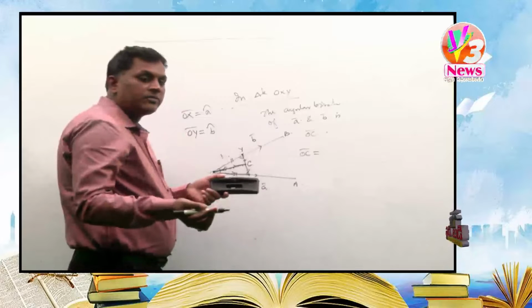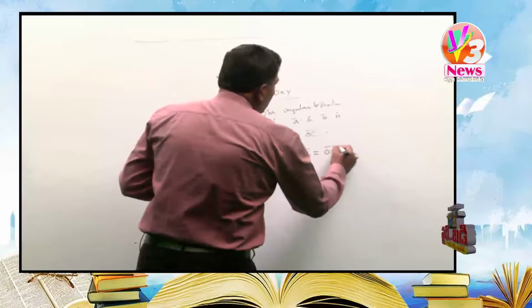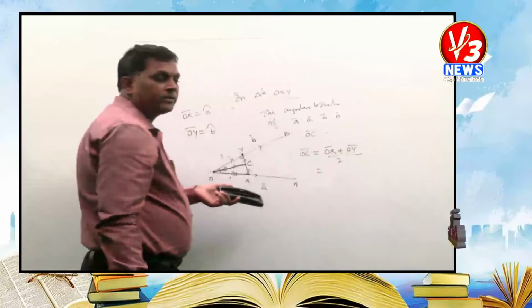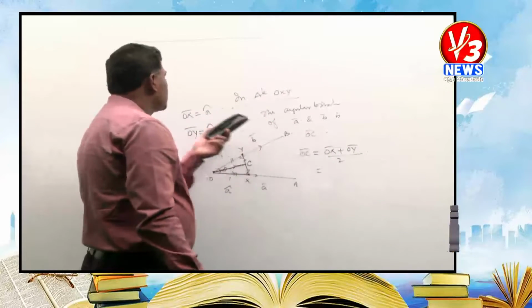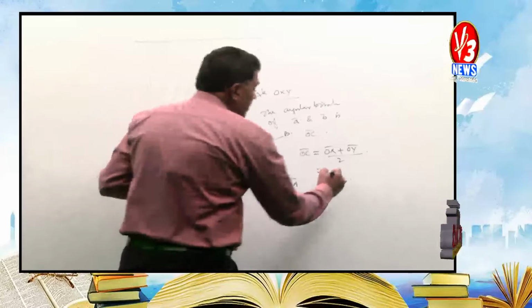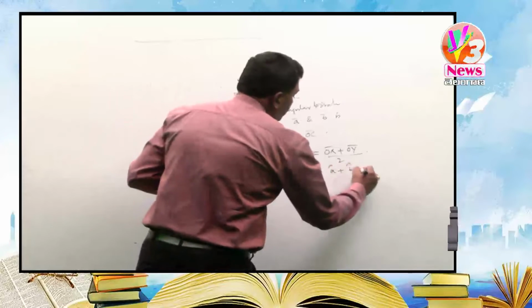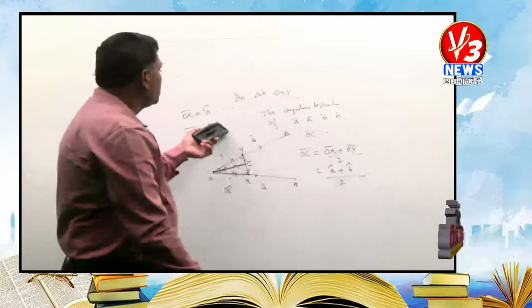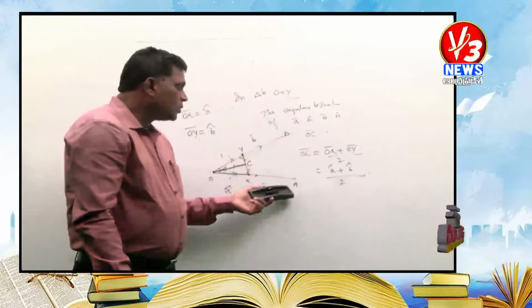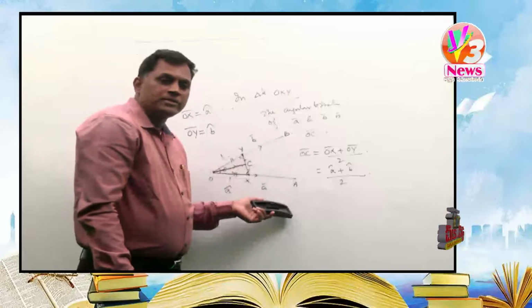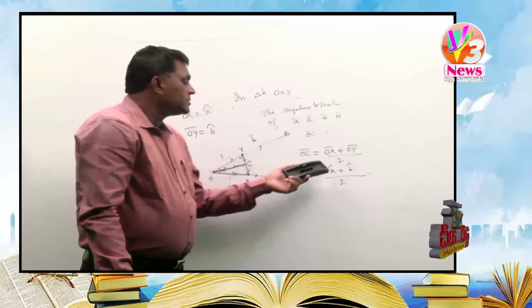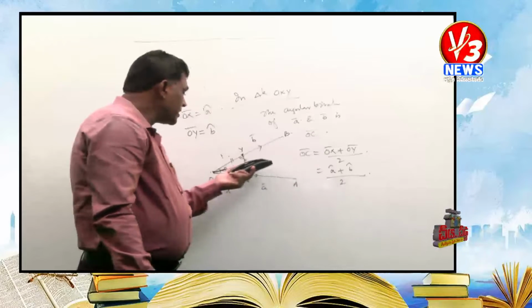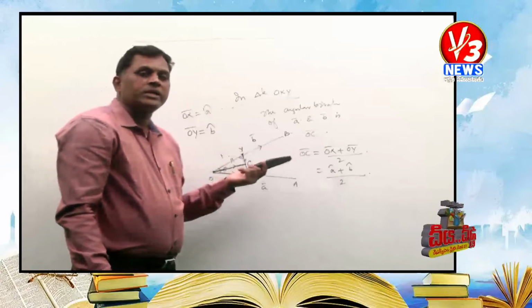It is the midpoint of X and Y. So OX bar plus OY bar by 2, midpoint formula applied. But OX bar is A cap and OY bar is B cap, so it is A cap plus B cap by 2. That's all. So clearly if A bar, B bar are two vectors taken in different directions, then the sum of their unit vectors divided by 2 gives back the angular bisector vector.